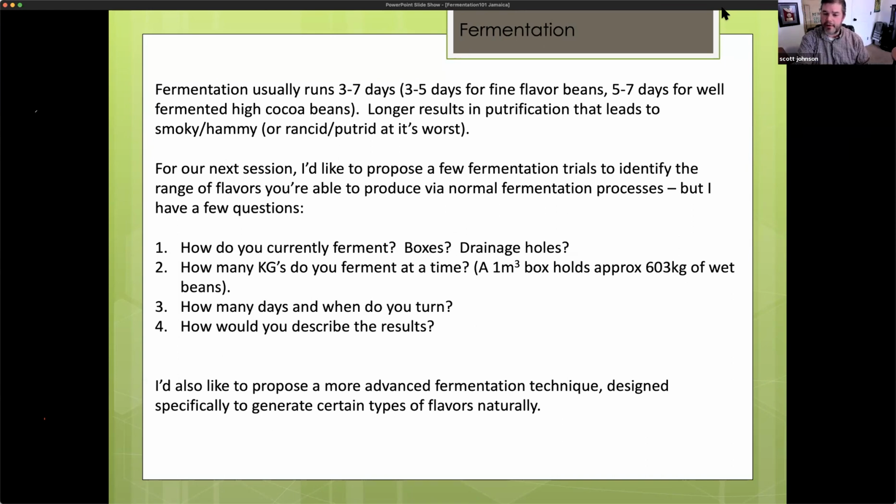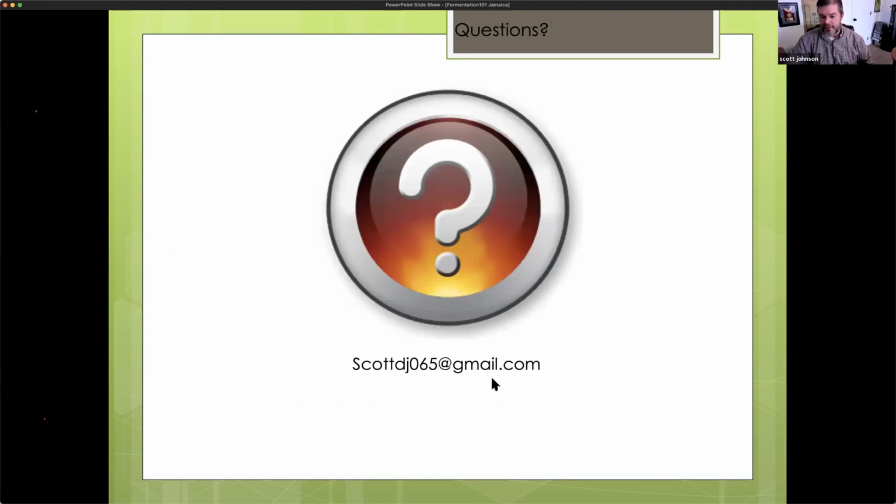And the second thing that I'll do is propose a fermentation design protocol that is going to be very specific to creating very specific types of chemicals during fermentation, again, with the intent of bolstering your chances of creating a range of products that will win Cocoa of Excellence awards and generate multiple types of high value cocoa products.